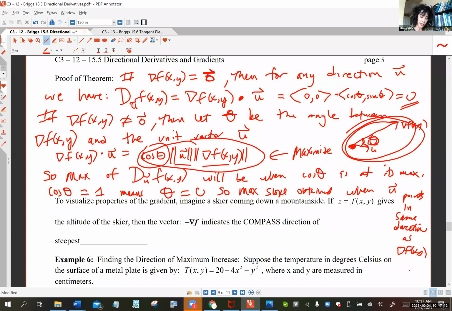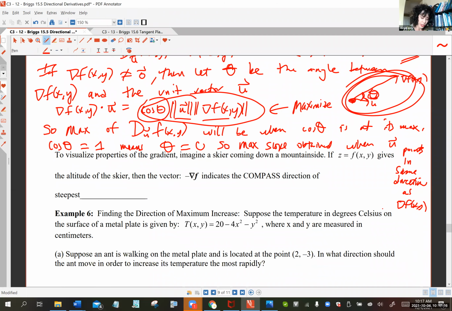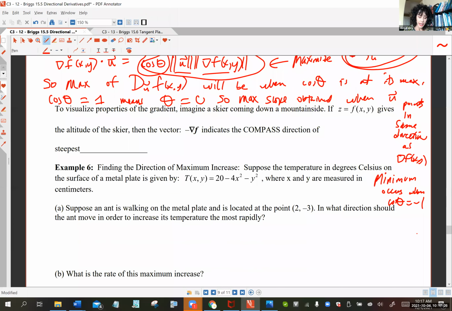Now the minimum is obtained when cosine theta is at its minimum, which is -1. And that means theta is pi, or 180 degrees.